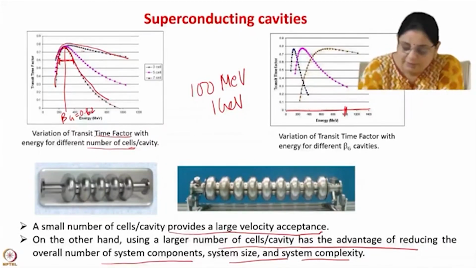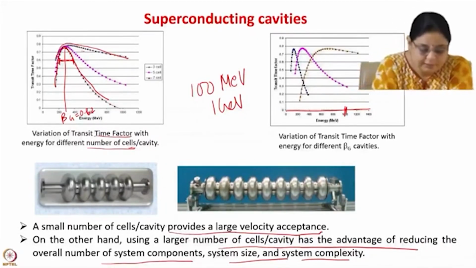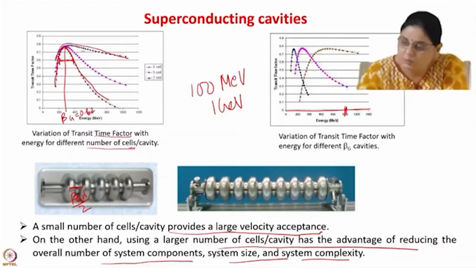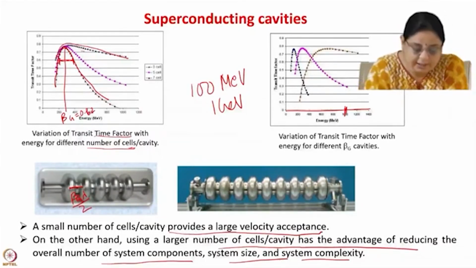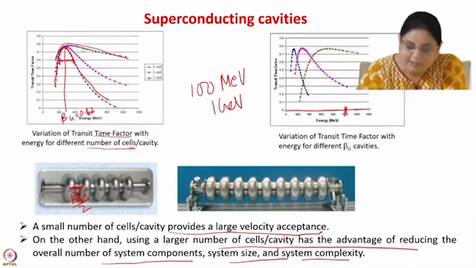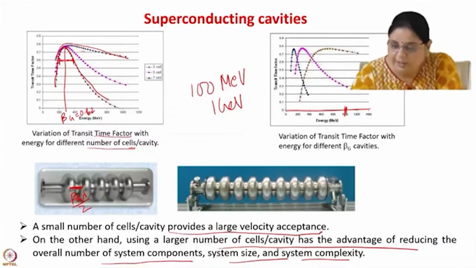That means in that cavity the cell length, beta g lambda by 2, this beta g will be equal to 0.49. In the second type of cavity, it will be equal to 0.62, and in the third type of cavity it will be equal to 0.8. I'm using these 3 types of cavities, so this is the transit time factor here.